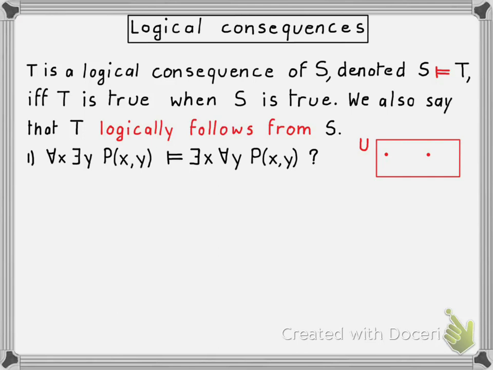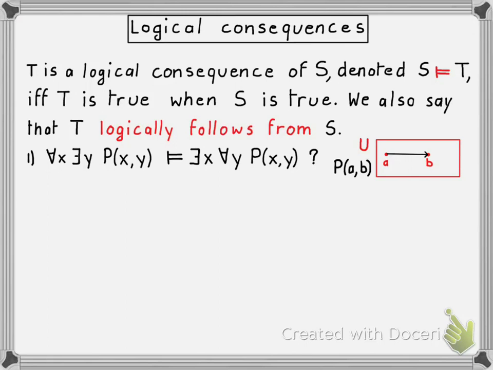An easy way to do that in this representation is to draw an arrow from one element to another if the property P holds between those two elements. So this black arrow going from the element called A to the element called B simply represents the fact that the proposition P of AB is true.